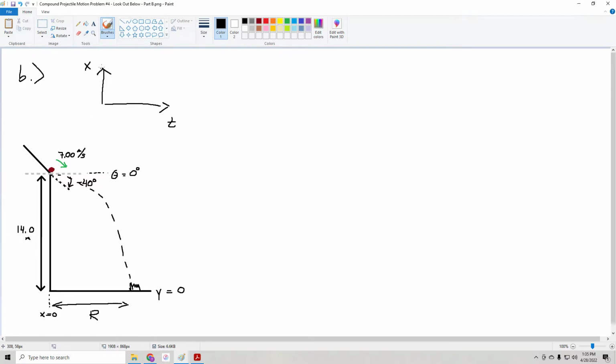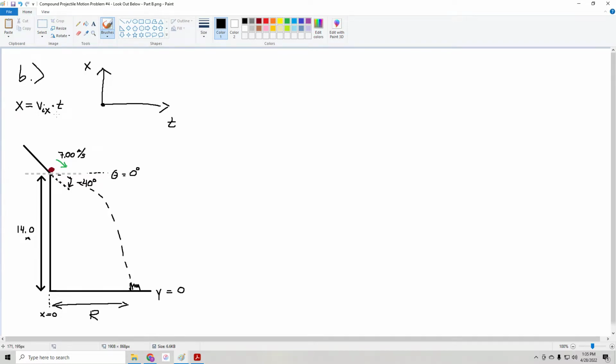So that means on an xt graph, at t is equal to 0, x needs to be 0 as well. So that's the very first beginning point of what things should look like. And we know that from our kinematic formula, we have x equals v initial x times t.